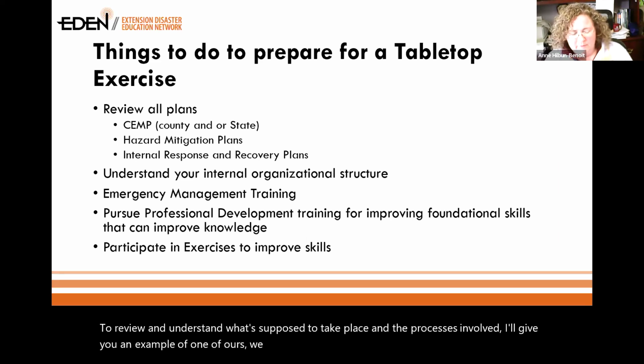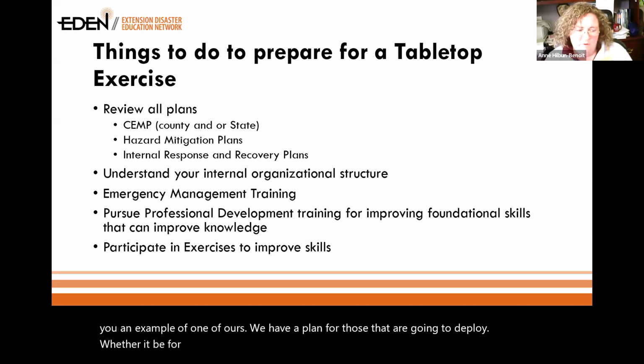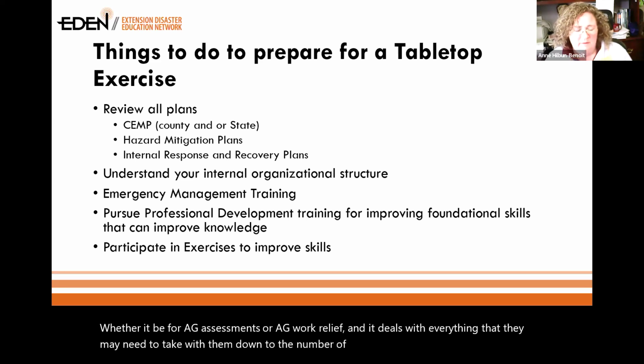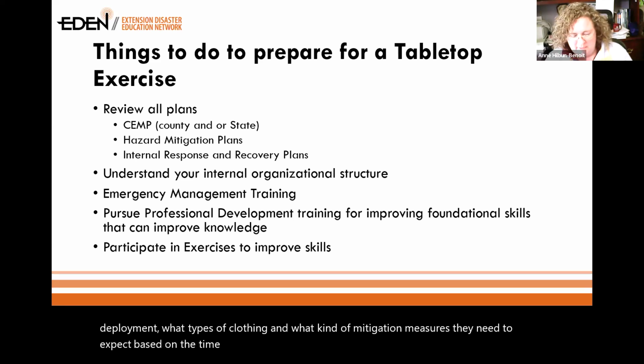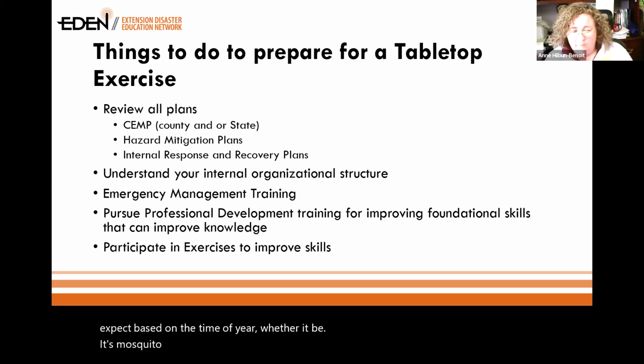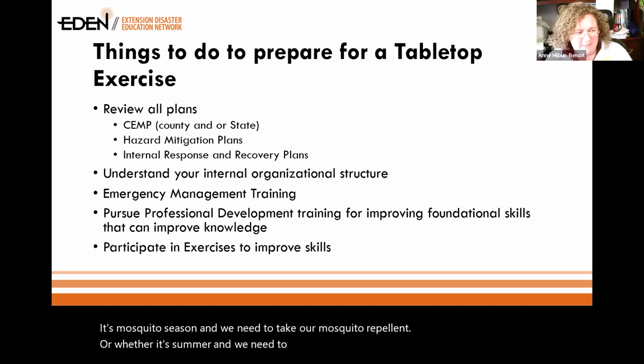We have a plan for those that are going to deploy, whether it be for ag assessments or ag work relief, and it deals with everything that they may need to take with them, down to the number of clothing based on the length of the deployment, what types of clothing, and what kind of mitigation measures they need to expect based on the time of year, whether it's mosquito season and we need to take our mosquito repellent, or whether it's summer and we need to take our sunscreen, hats, all of that kind of thing.